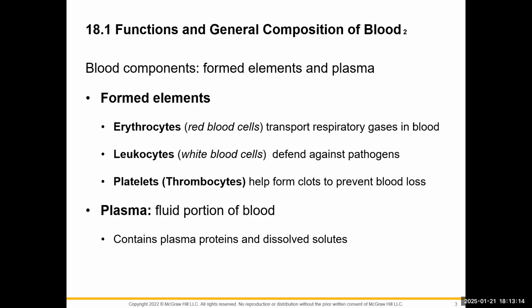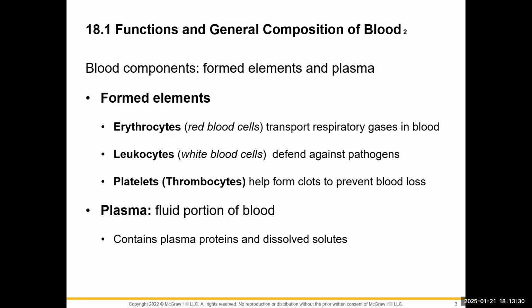The formed elements are made up of three cell types: erythrocytes, known as red blood cells, or RBCs. Their main function is to transport respiratory gases like oxygen and carbon dioxide to and from our tissues.